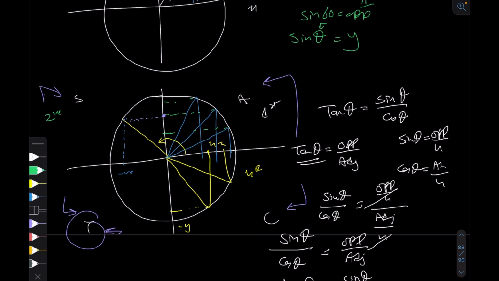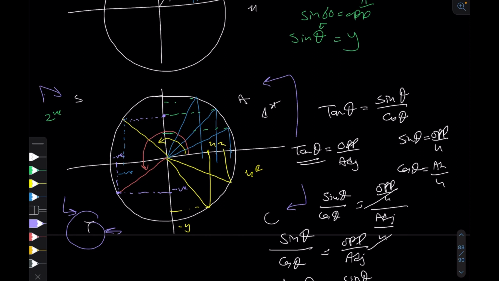And if I look at the third quadrant, any point there, if I rotate above 180 but less than 270, you'll see that not only is its x component negative, its y component is also negative.